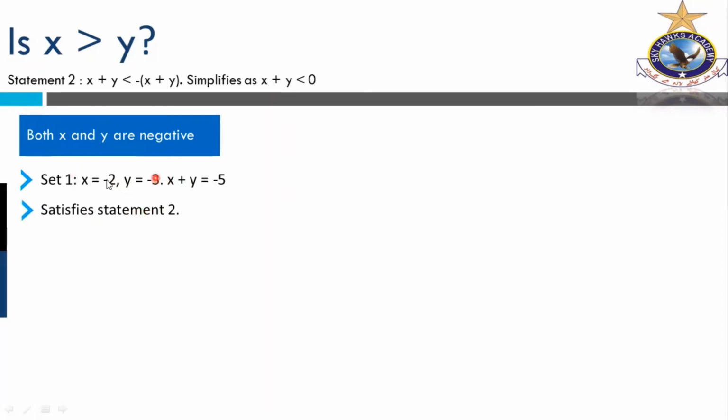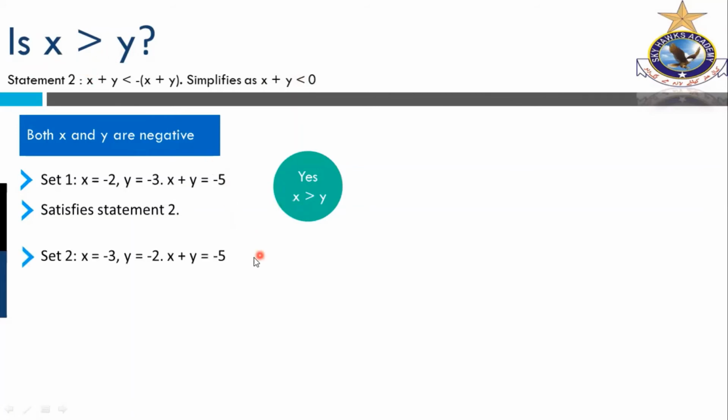So this set of data, when x is minus 2 and y is minus 3, satisfies the second statement in simplified form. So the answer is yes, x is greater than y.